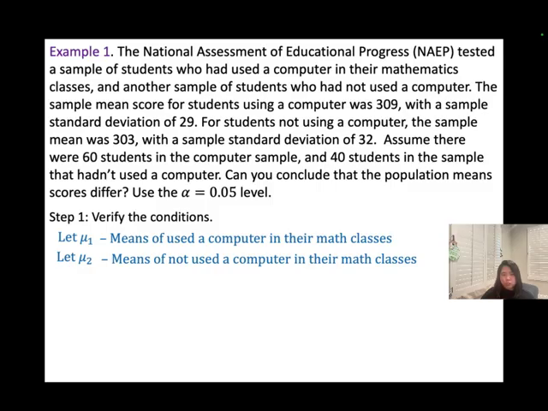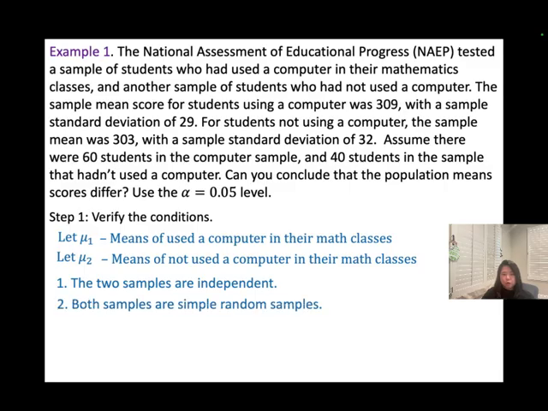Before verifying the conditions, state which population is which. And then the two samples are independent. Make sure population 1 is independent of population 2. And also, both samples are simple random samples.